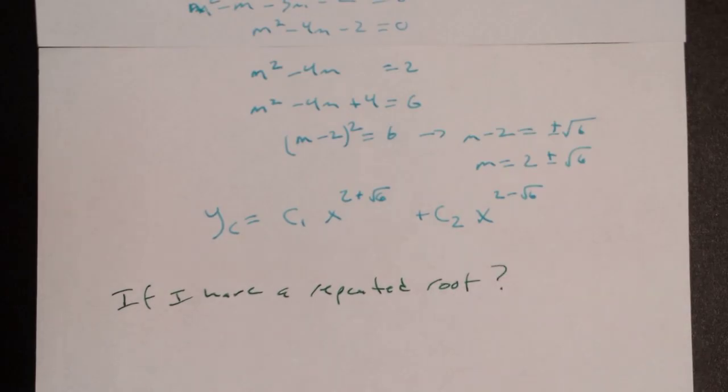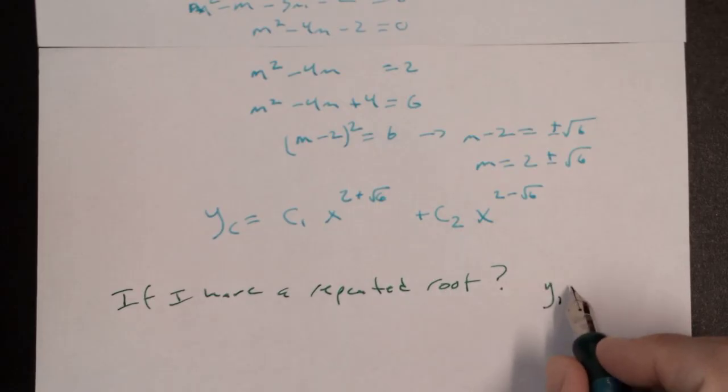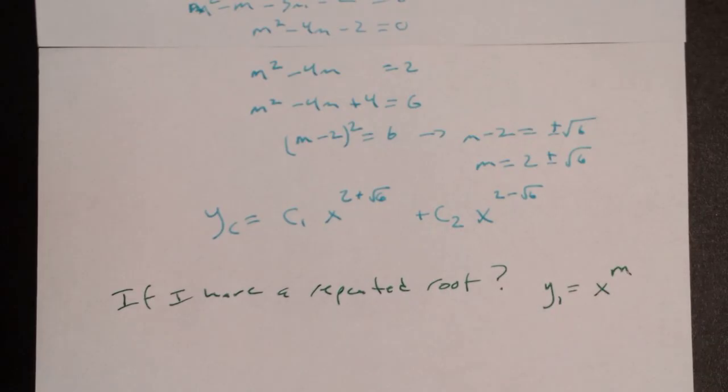If I only have one root, one m, I just got one value. Wait a minute, back up. I have one solution. How do I find the other one?